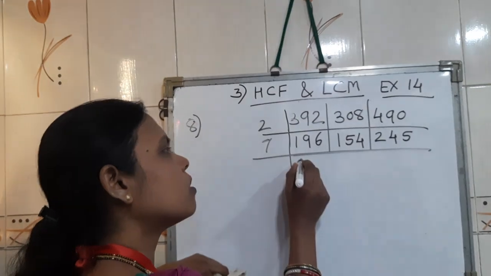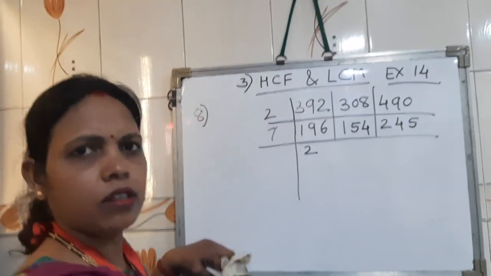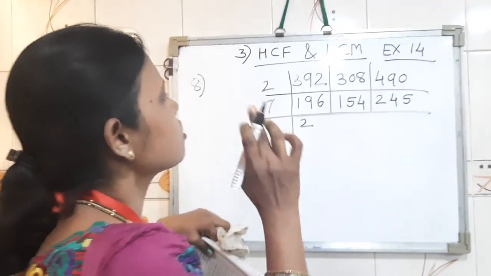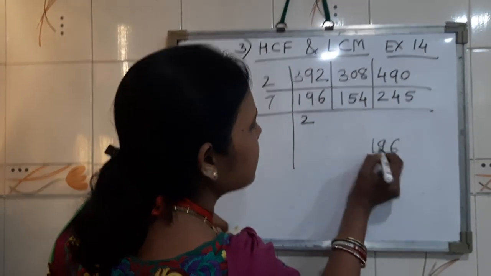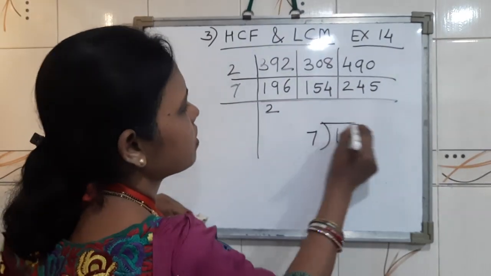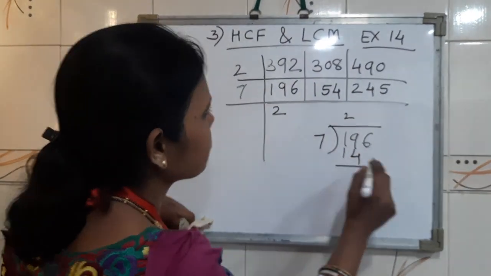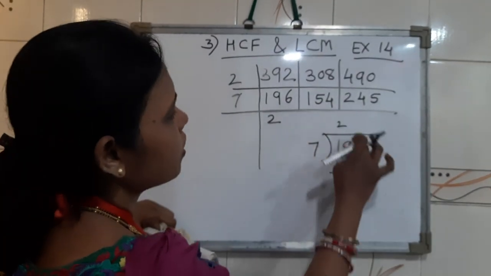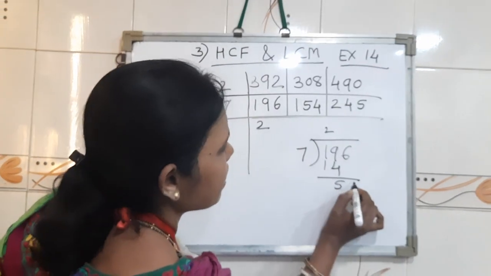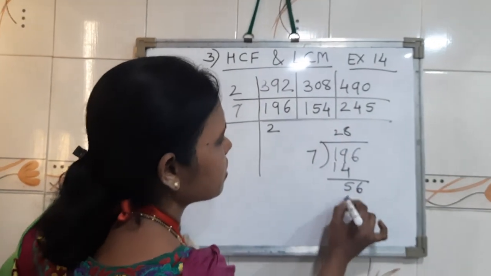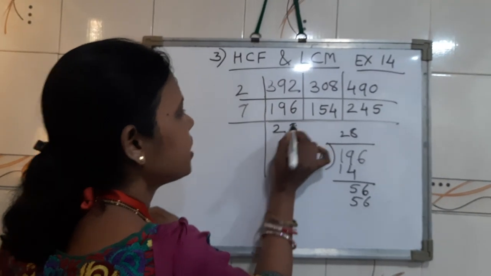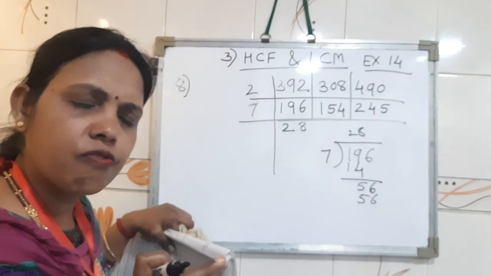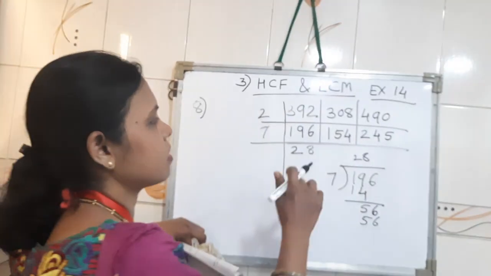Here 7 2 are 14, so we get 196 divided by 7. 7 2 are 14, 9 minus 4 is 5, and 6, 7 8 are 56. Here we got 28. Why are we doing this? Because here we are going to find the greatest common divisor.